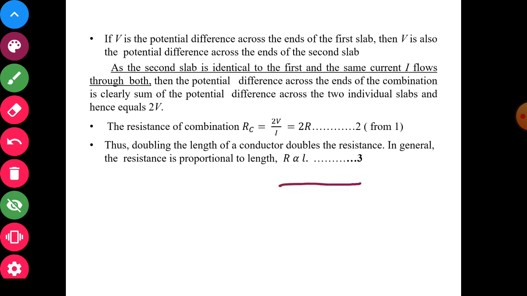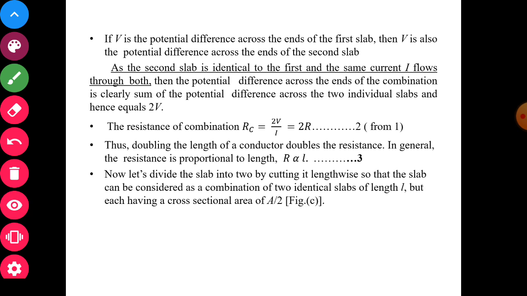Try to remember this. Now let us divide the slab into two by cutting it lengthwise, so that the slab can be considered as a combination of two identical slabs of length L, but each having a cross-sectional area of A by 2.